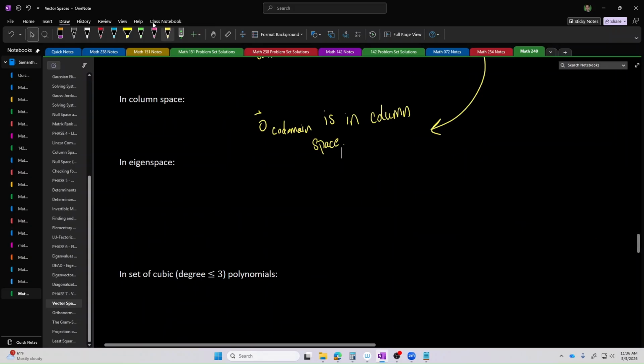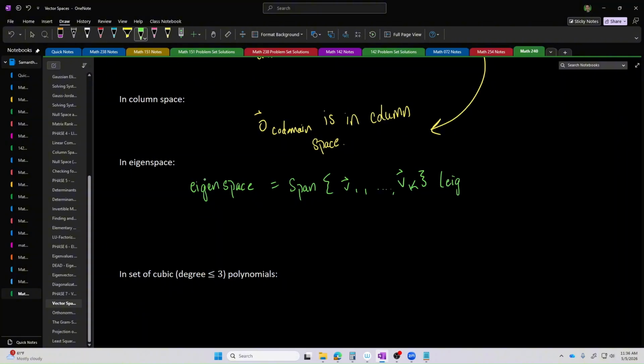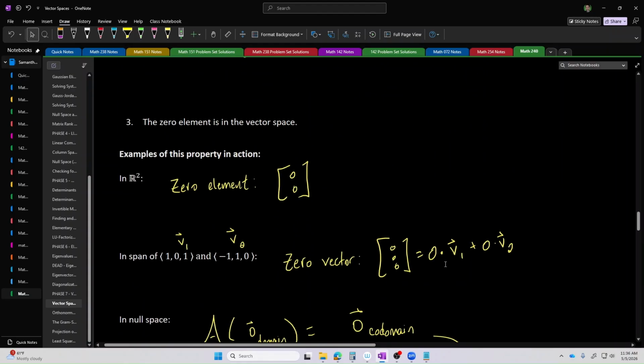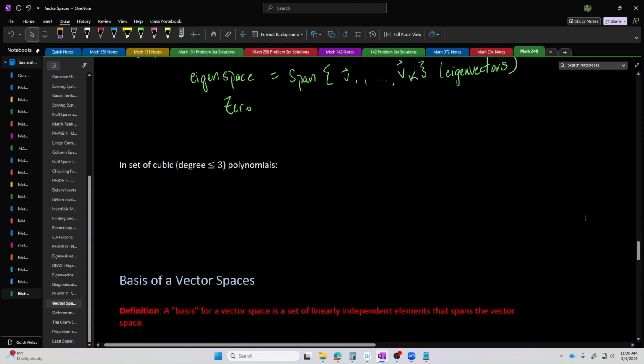When we write down the eigenspace corresponding to a matrix, our process is to write down the eigenspace as a span of a set of eigenvectors. And as we've already noted, the zero vector is always in any span of a set of vectors because it can always be produced by just applying zeros to each vector in your set.